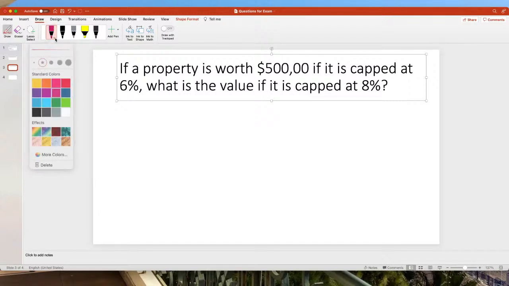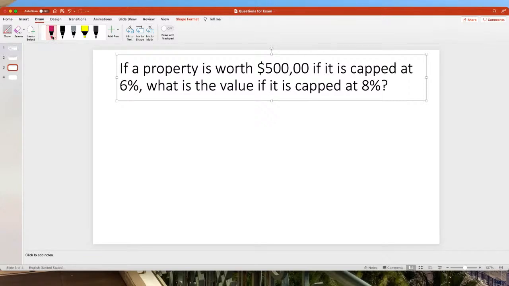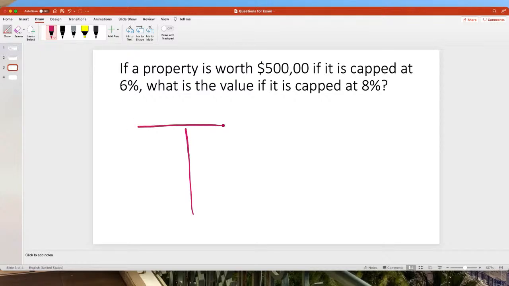I need to make this a little bit bigger because I was making some changes. So we have what I call, and I learned this years ago, many schools teach this, a T problem. It has three different parts to it: 1, 2, 3. You will always be given two.